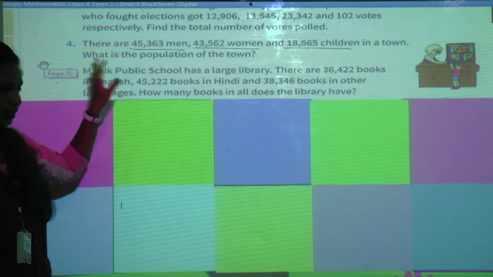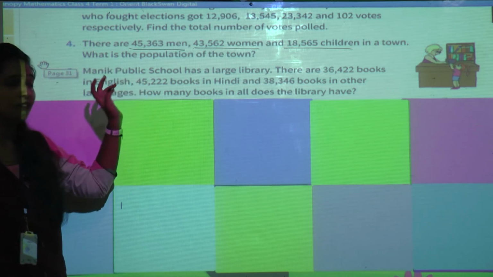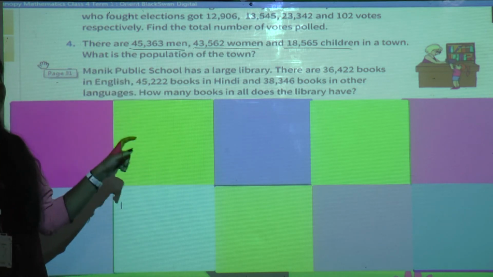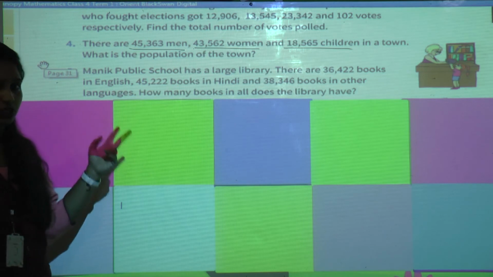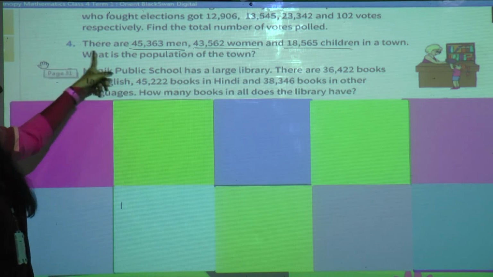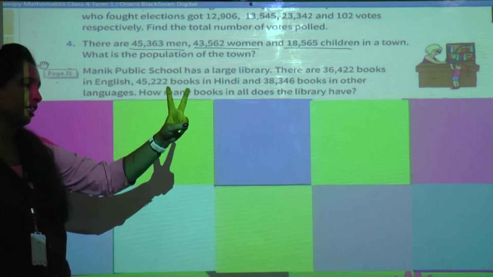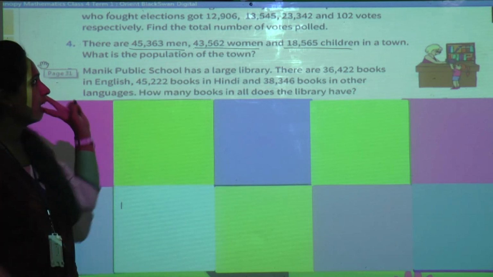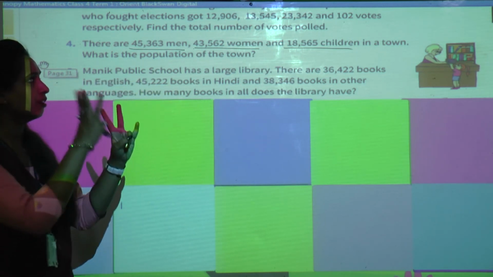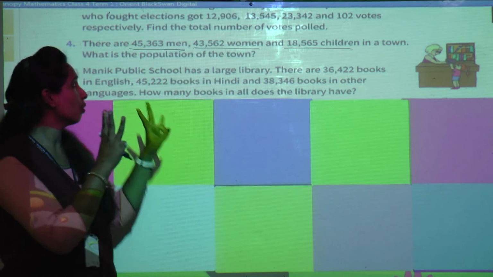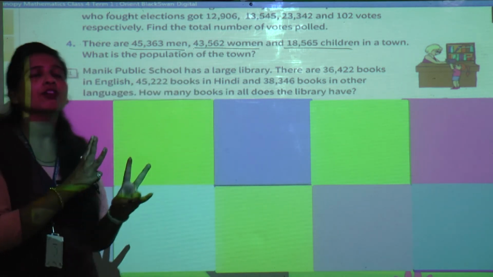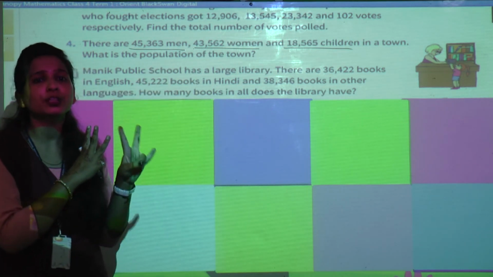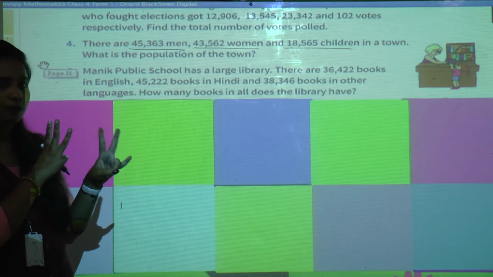Okay, for example, I'll explain this question: whether we have to do addition or subtraction with this sum. Suppose, imagine there are 2 men, 1 woman and 3 children in a town. So what is the population of the town? What will you do to find out the total population?